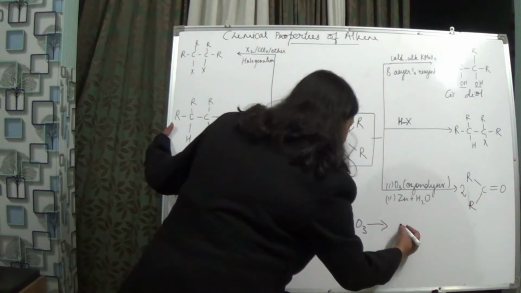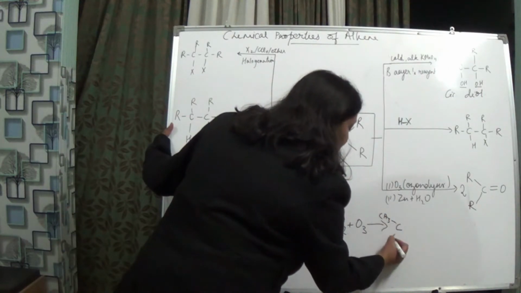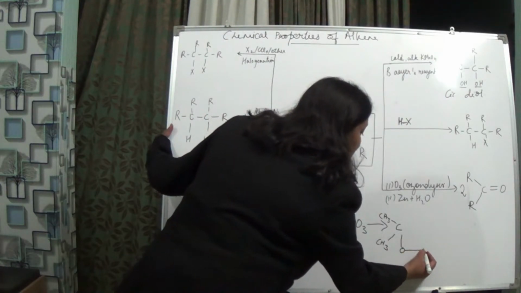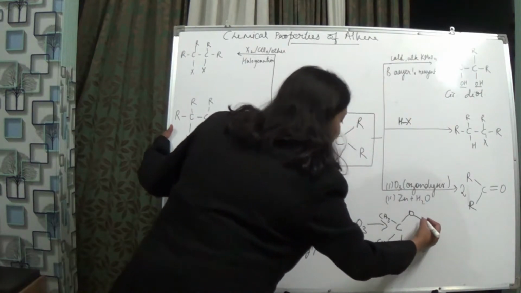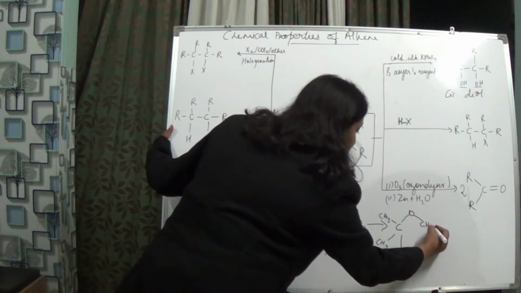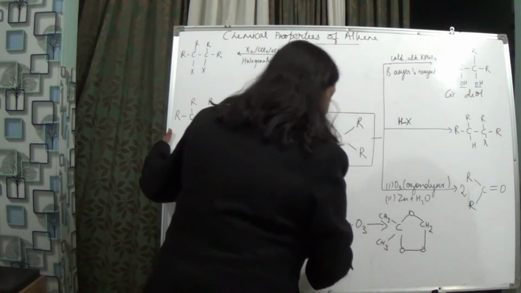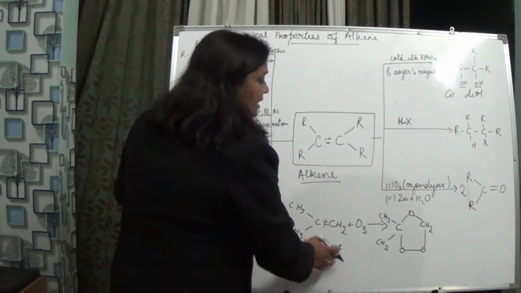So naturally forming what? CH3, CH3, and yes, ozonolysis has been done. Three atoms of oxygen getting attached, and here CH2, and this is the product which will be formed in this ozonolysis when we add ozone to 2-methyl propene.